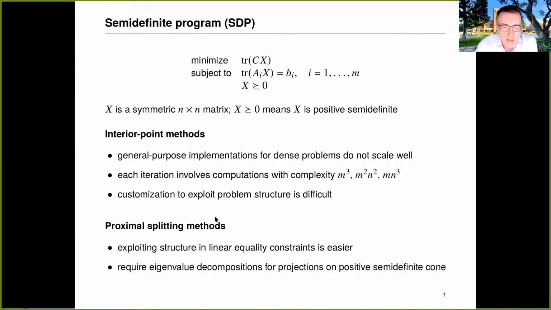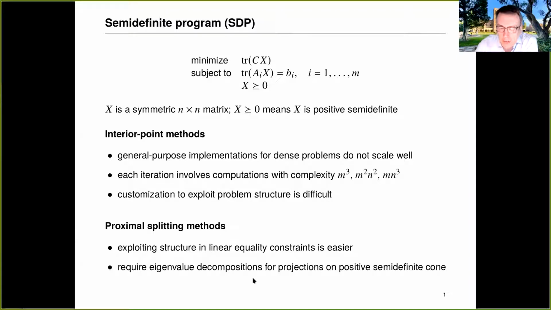There's still the issue that in splitting methods, part of the alternating optimization will involve a projection on the positive semi-definite cone. And in general, projecting on a dense positive semi-definite cone would require an eigenvalue decomposition, and that also contributes a term n cubed in the complexity.